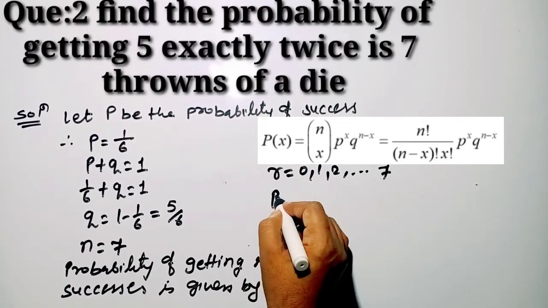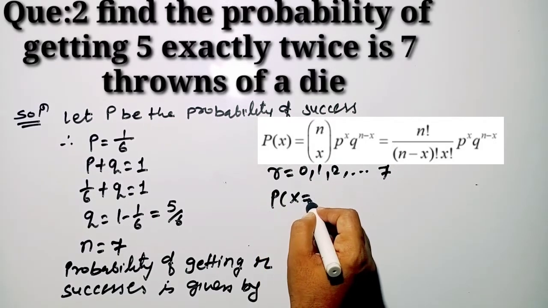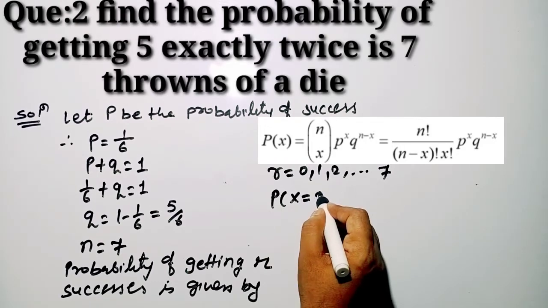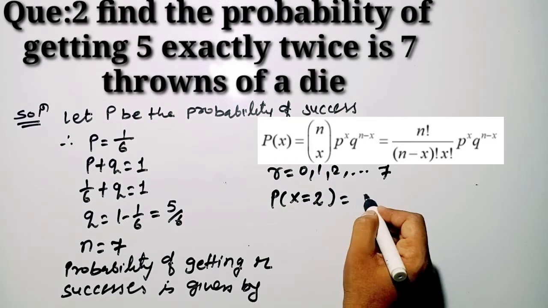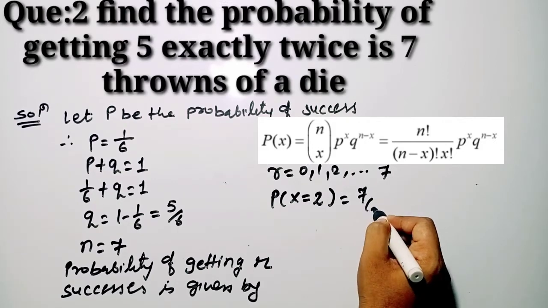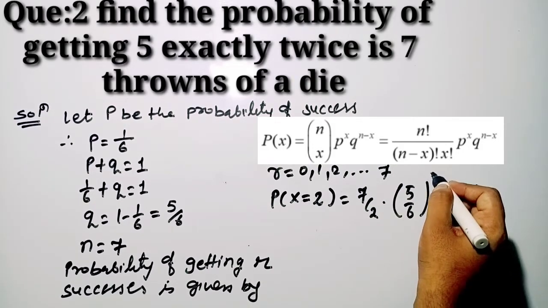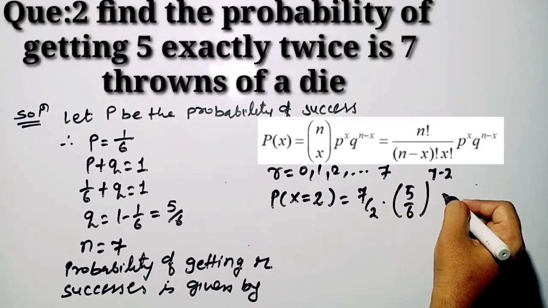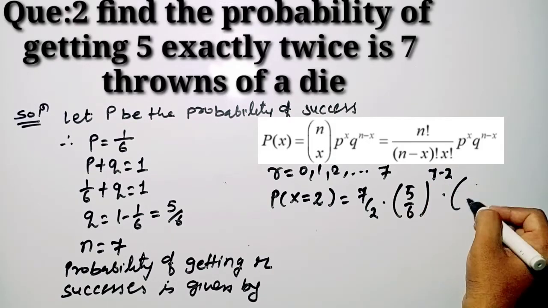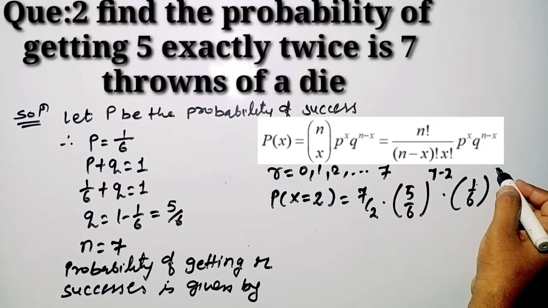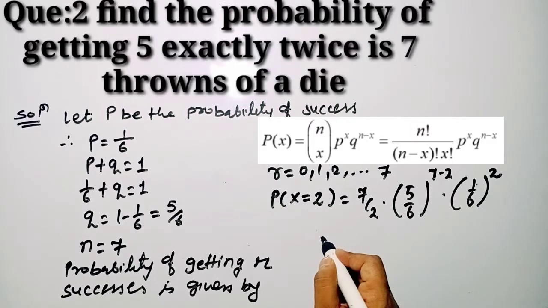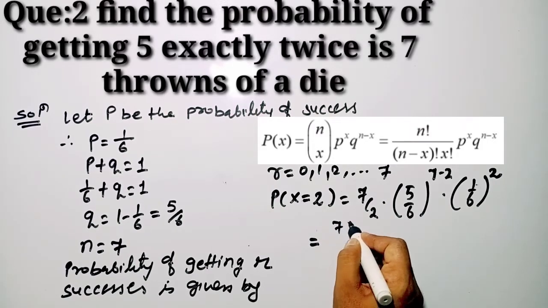Now substituting the values, P of X is equal to nCX, so 7C2, Q is to the power n minus X means 7 minus 2, and P is to the power X. Here we have mentioned only R, so R and X are similar, right?